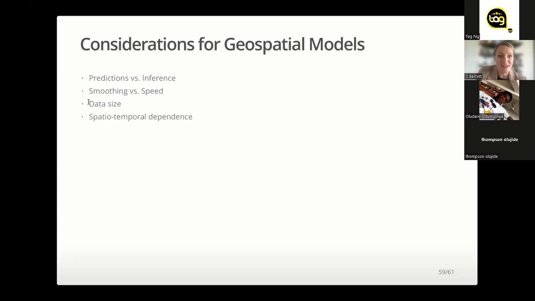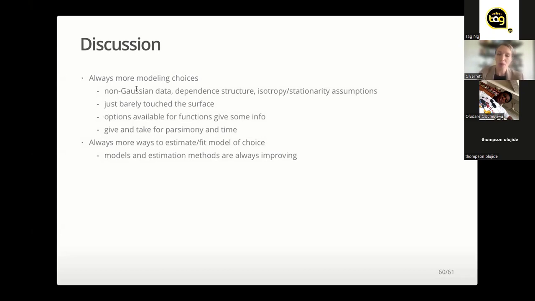The data size is going to matter for the stationarity aspect, for how fast it is to compute, and for the method that you're going to use. The bigger the data, the less you're going to want to use the gstat approach or the variogram approach that we were using before. You're going to want to use the ones that I breezed through just a couple seconds ago. And then the spatiotemporal dependence is a whole new aspect, and that adds its own element of fun as well.